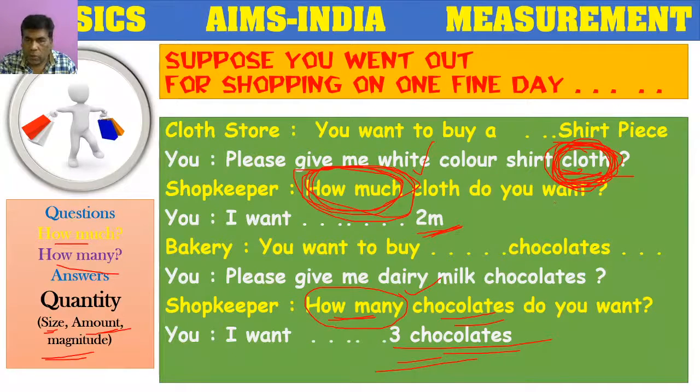So 2 meters and 3 chocolates are considered as quantities. If you want to buy any object, we should have a complete idea of the object's size or amount or value. These terminologies we call quantity.